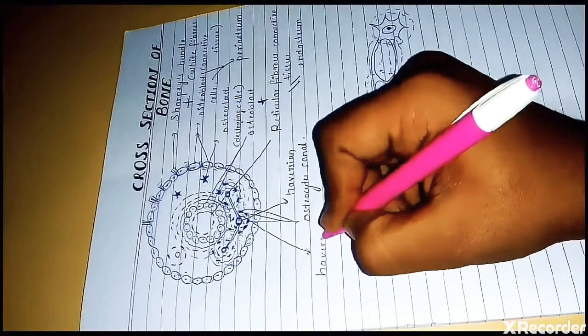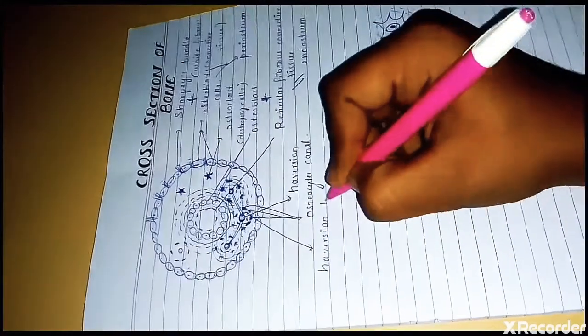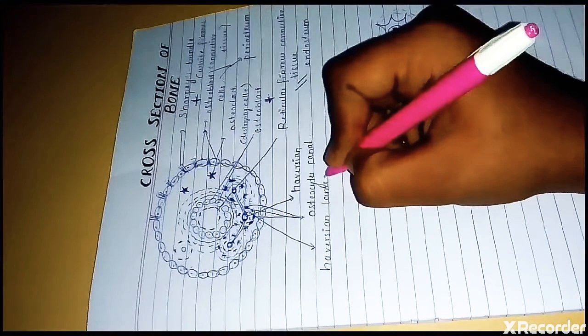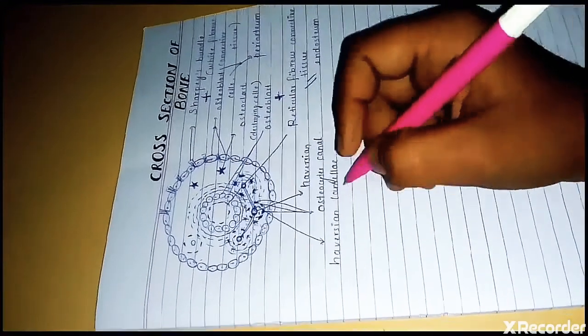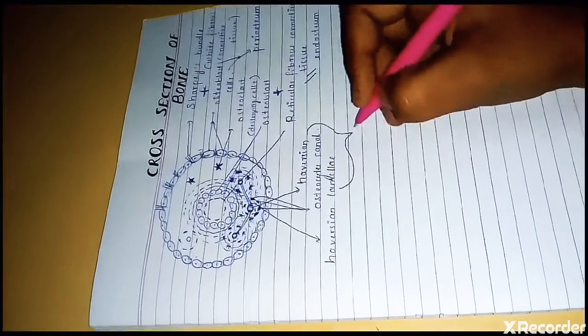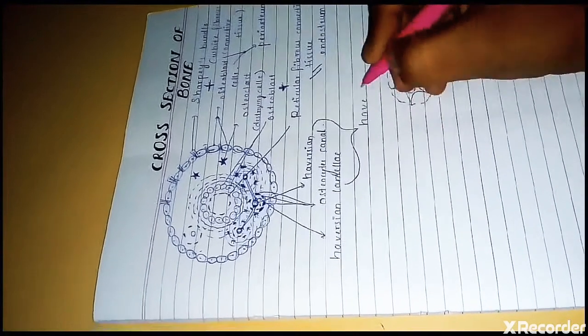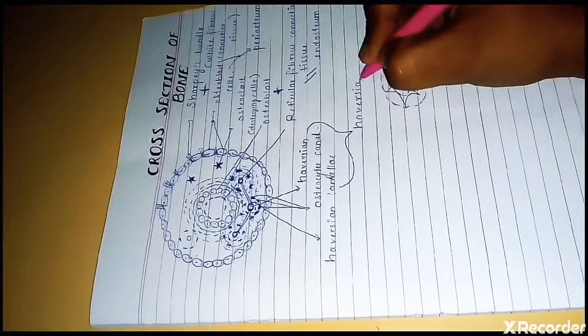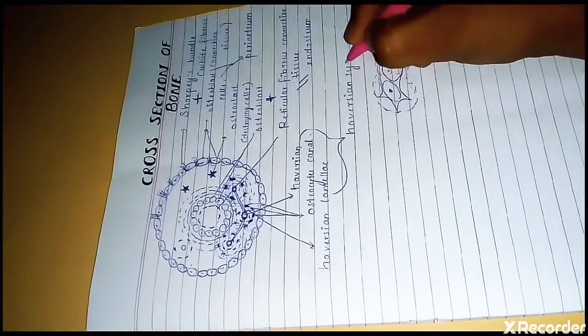Now the matrix which is lying around the Haversian canal is termed the Haversian lamellae. And these three structures combinedly are known as the Haversian system or osteon.